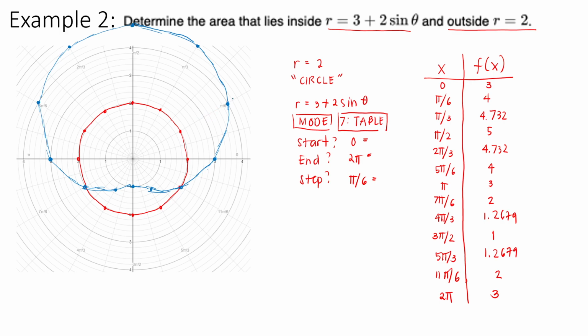So next, we determine the area that lies inside r equals 3 plus 2 sine theta, and then outside the circle r equals 2. So again, inside the blue area, inside 3 plus 2 sine theta, but outside r equals 2. So outside this red graph, but inside the blue graph. So the area we are talking about is this region here.